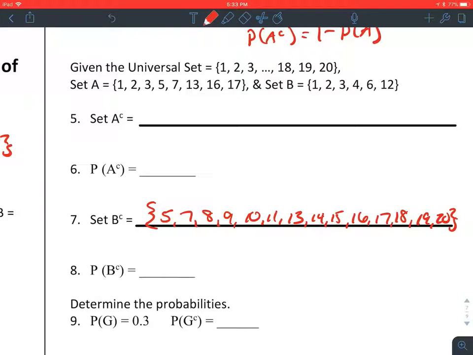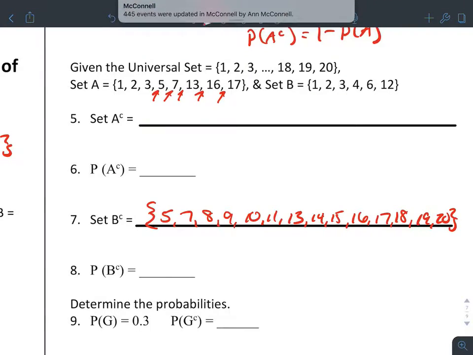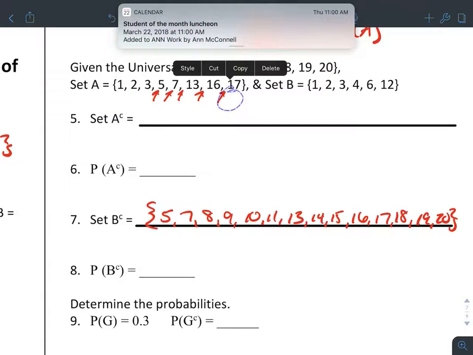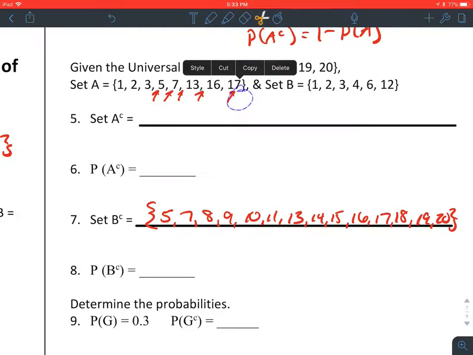Number 5 says set A complement. So we're looking for the complement of set A. Comparing set A with the universal set, we want every element that's not in A, but is in the universal set. Since the universal set includes all the integers from 1 to 20, we're looking for the ones that are missing. We're missing 4 and 6, 8 through 12, 14, 15, 18, 19, and 20.